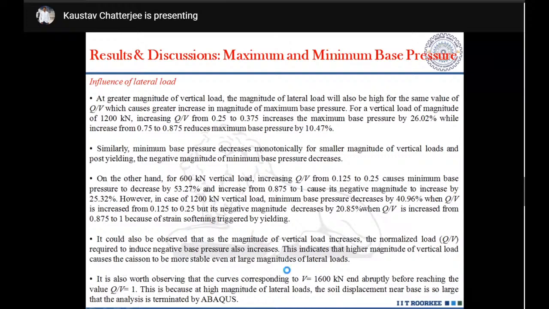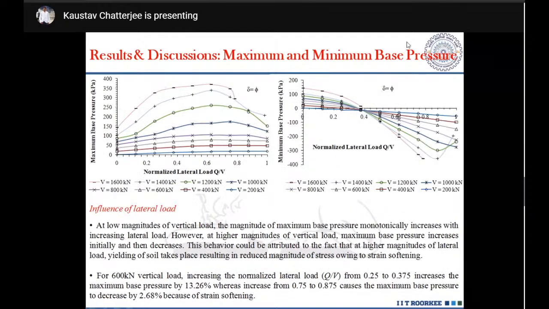magnitude of lateral load. Next, if you see this particular figure of normalized lateral load versus minimum base pressure, we can see that close to Q by V equals 0.4, this curve, that is for V equal to 1600 kilonewton, is crossing the x-axis, and below that the normalized base pressure is turning out to be negative.